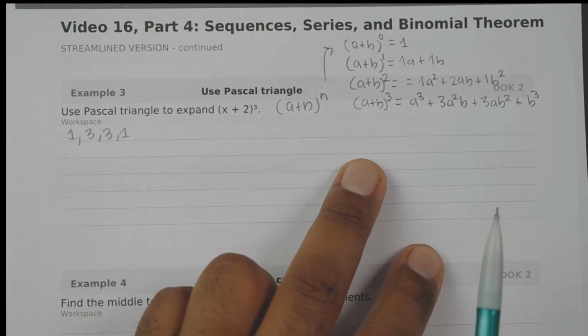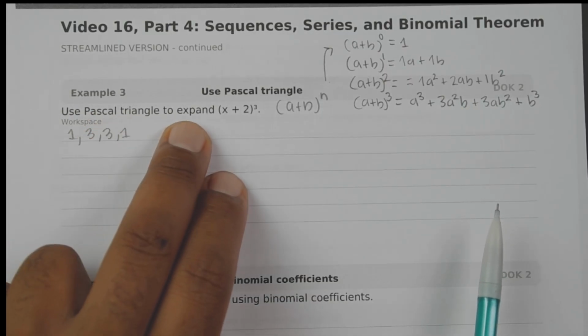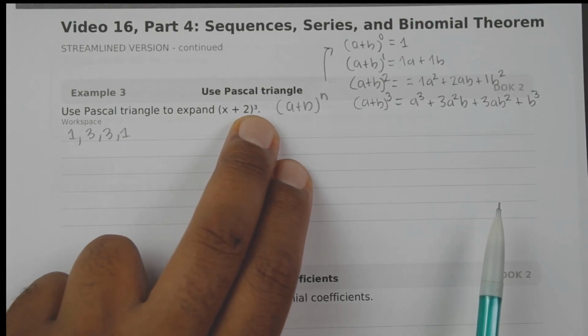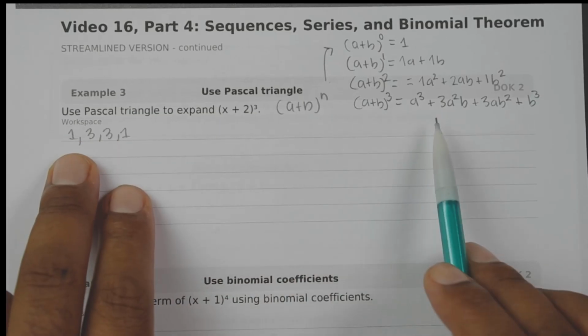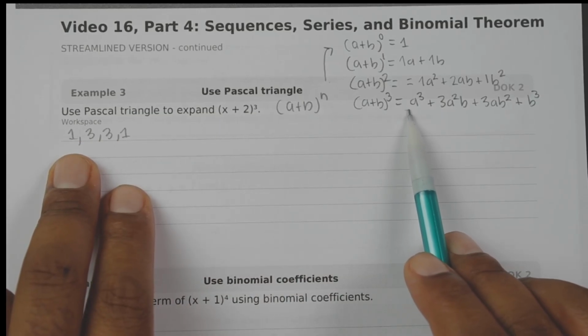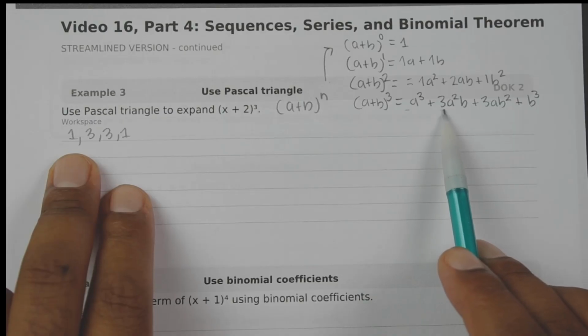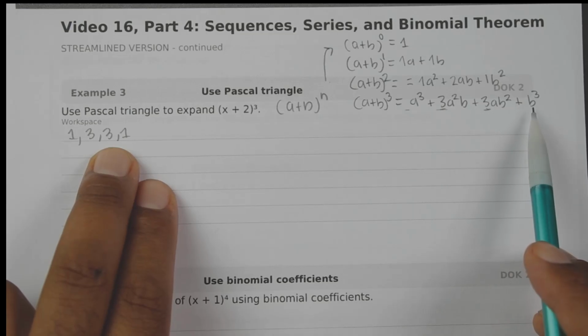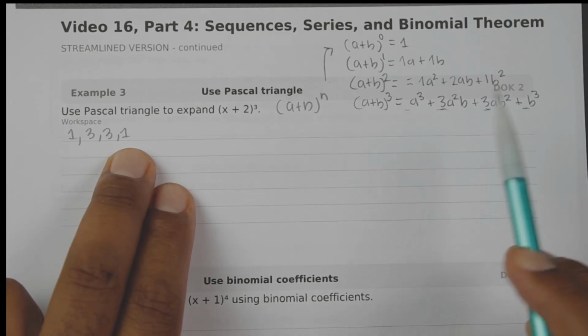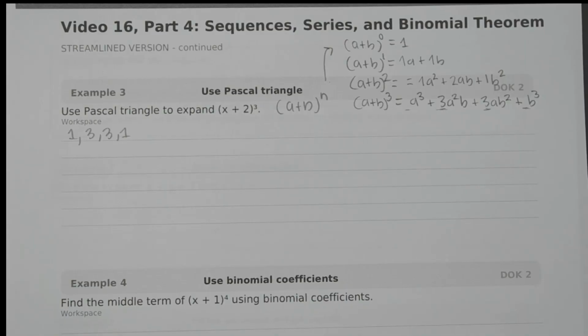Okay. So when it says use Pascal's triangle to expand x plus 2 cubed, notice n is 3. So what I'm doing is I'm using the coefficient here is 1. The coefficient here is 3. The coefficient here is 3. The coefficient here is 1. So that's where those values come from.